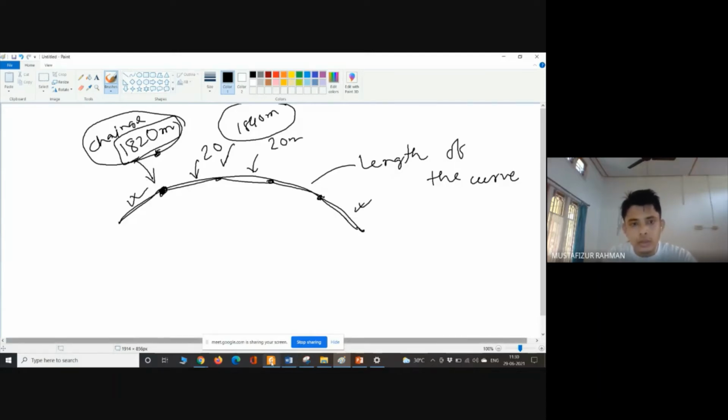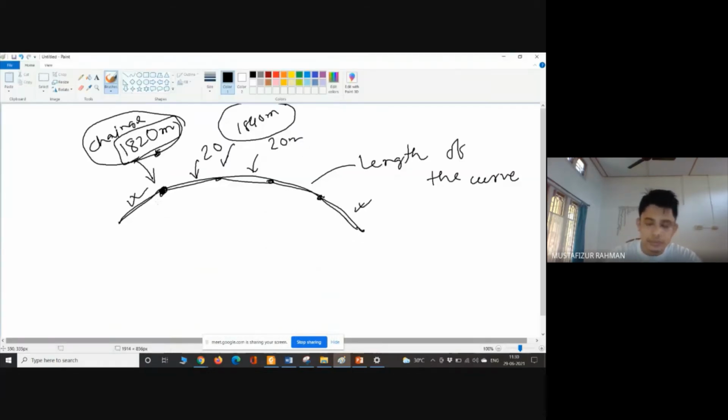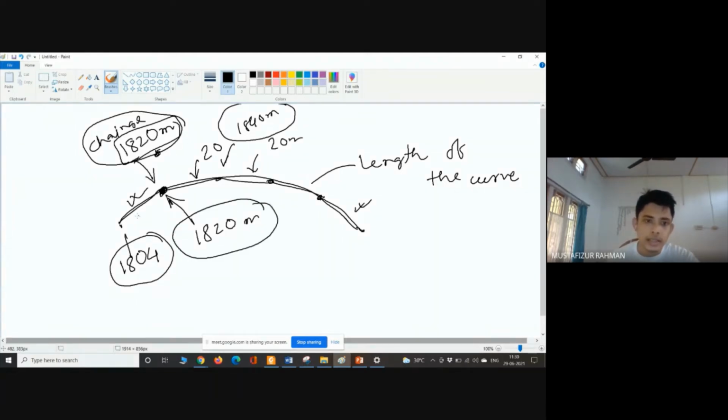Then going back, what will be the first chord C1? Because we are finding the first point at 1820 meter, what will be the length of the first chord? We know this chainage was 1804, and we want to find this at 1820 meter. So what will be the length here?